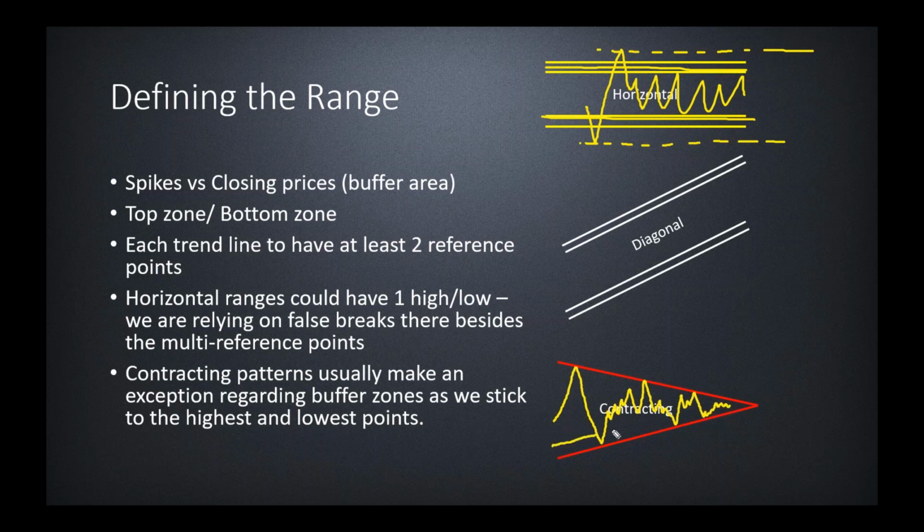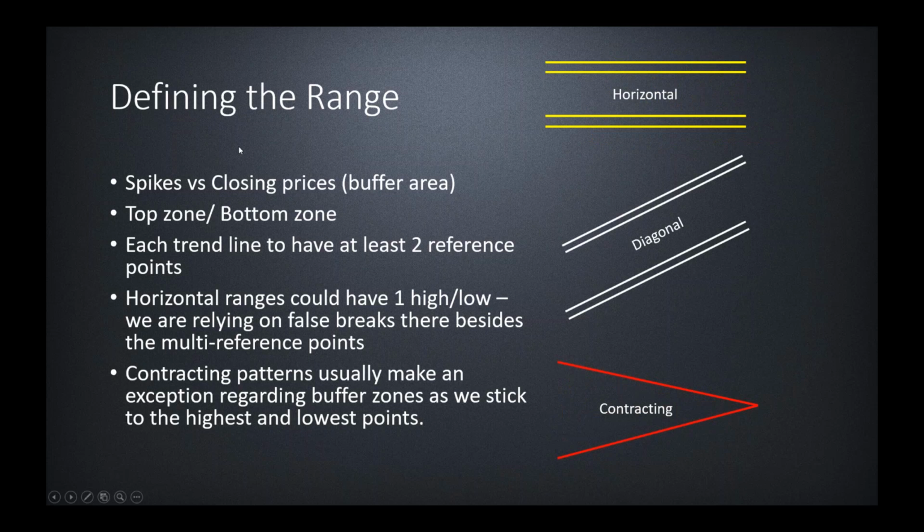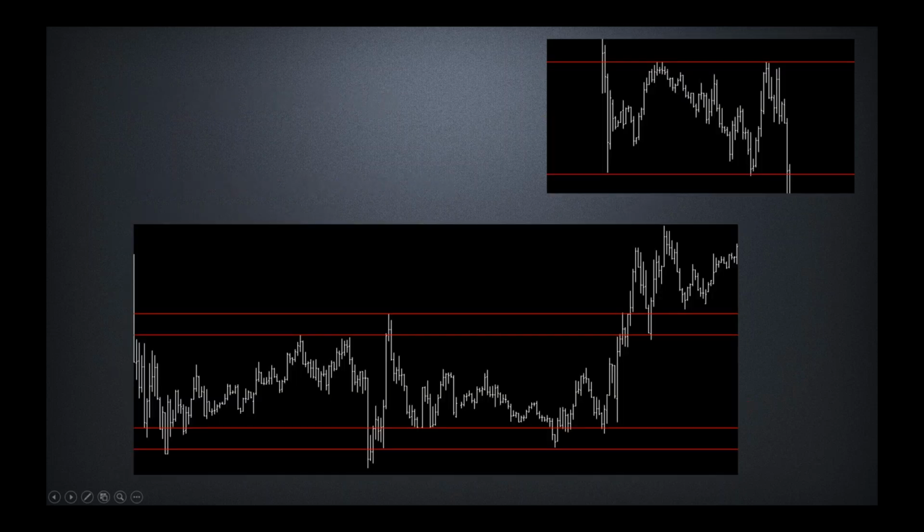So yes, you can go ahead and draw the inner ones, of course, but majority of the times the way it's traded, you'll see that in a second, why I put it here as an exception, you're going to care about the highest high or the lowest low inside this contracting pattern, okay? And now let's go ahead and check out a few examples. Here is an example of a range, okay? You have spike, spike, spike.